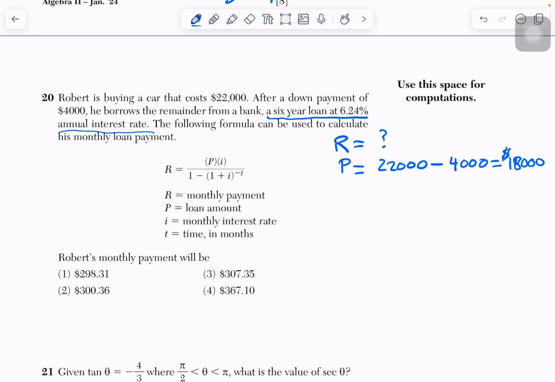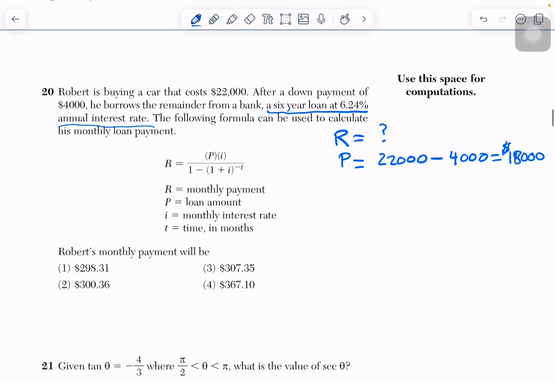That's the loan amount. I is the monthly interest rate, right? So the monthly interest rate, we know that he has an annual rate of 0.0624. So we have to divide this by 12. And we get 0.0052.